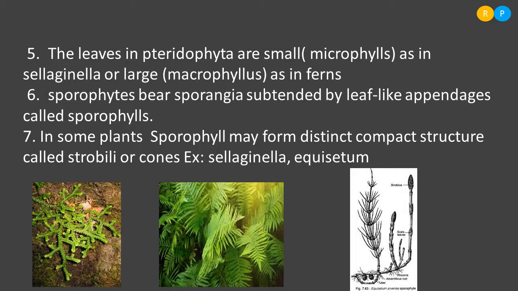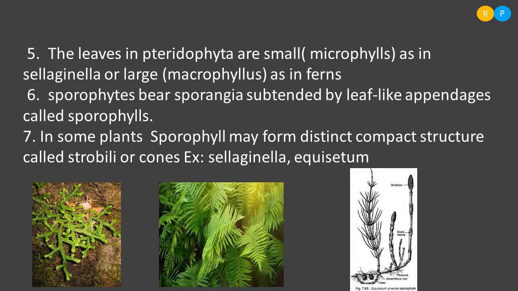You can see the third diagram on the screen. On the third diagram, you can notice this strobili that is labeled. Strobili is present at the tip of the plant. This strobili is formed by the arrangement of a number of sporophylls.